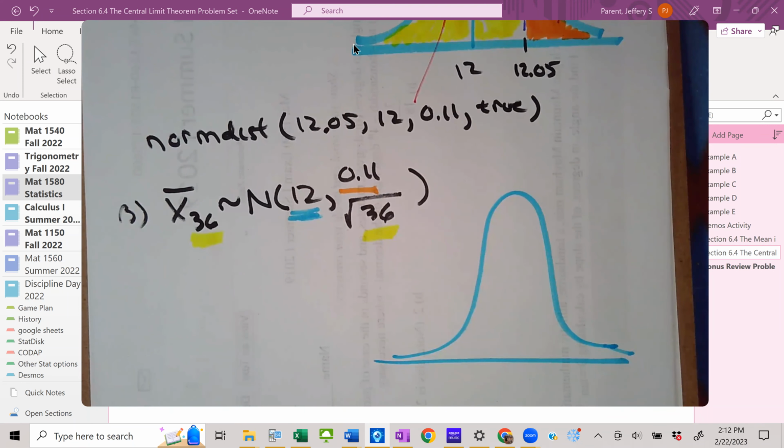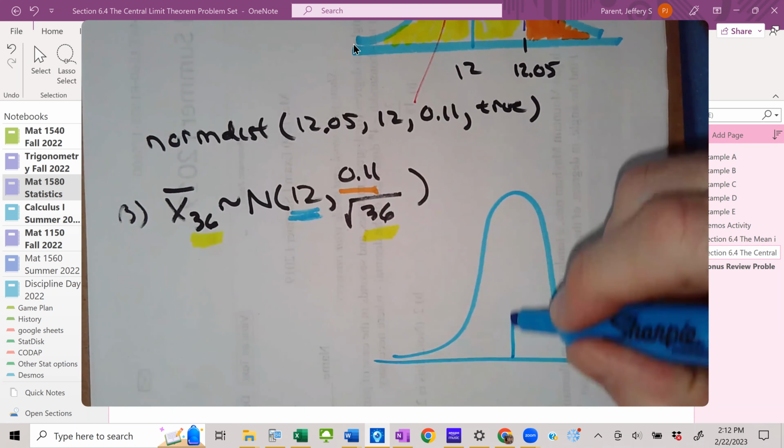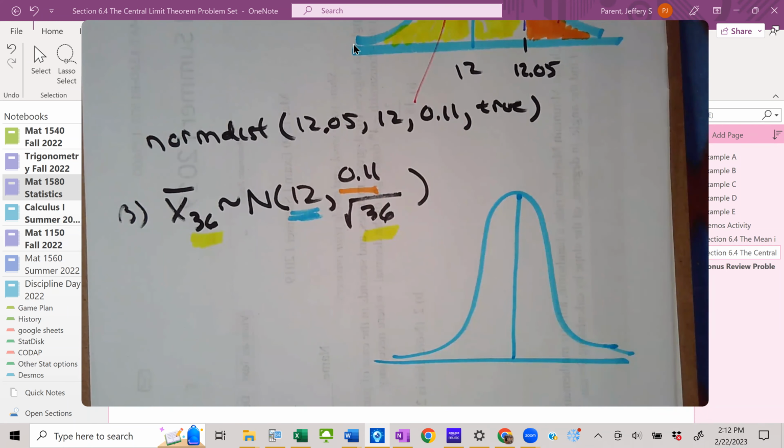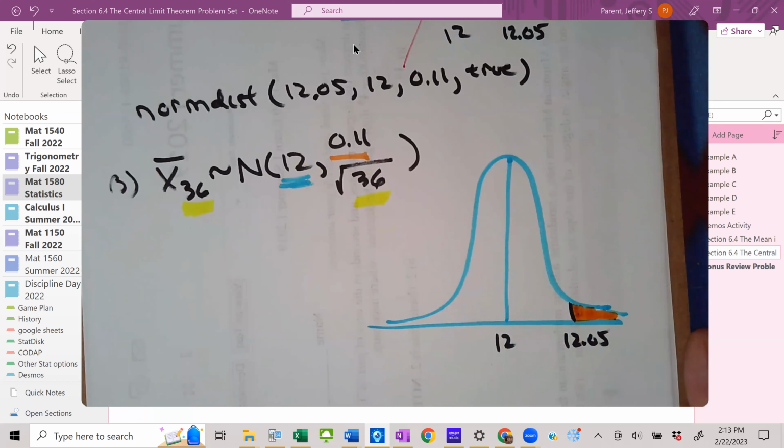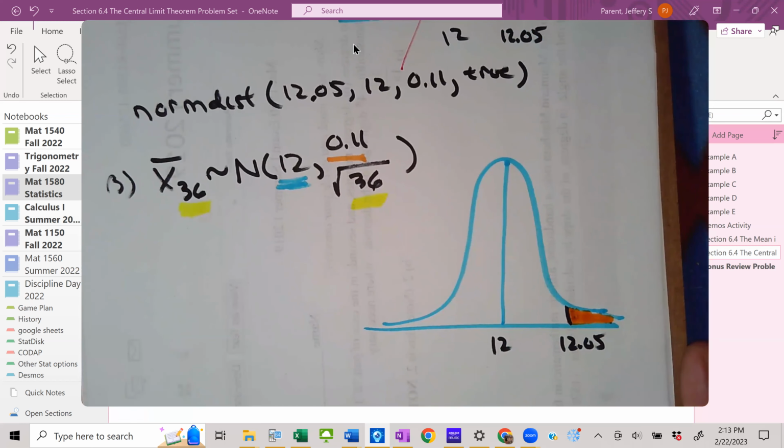It has the same mean as before. That mean is 12. And I'm still looking for the area to the right of 12.05. So there's my 12.05. Now it's virtually impossible for me to draw these correctly to scale without the assistance of this computer.